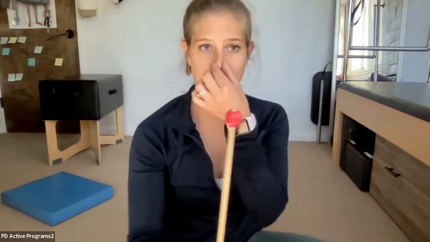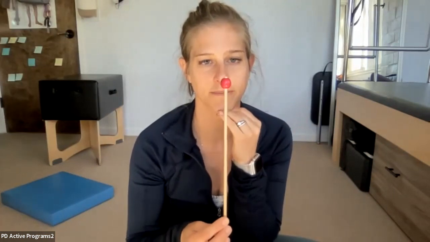Okay, same thing as before, no changes. If you know yourself to have a really dominant eye, make sure that that pen or pencil is actually coming towards your nose because sometimes it will sort of veer off towards that dominant side. So just be mindful of that. You're going to do about 10 cycles, about 10 forward and back.